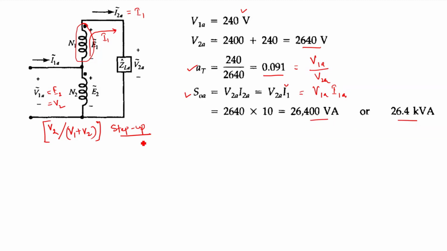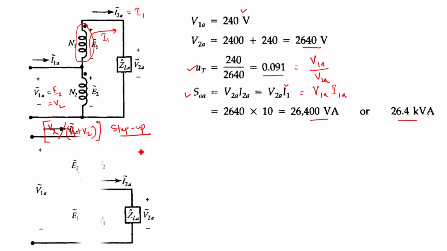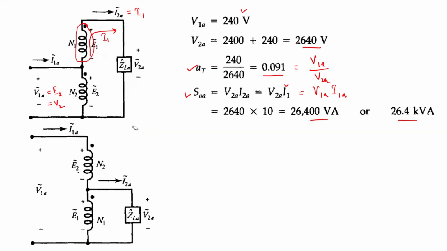Okay, so now I'll go for another configuration. You can see in the figure below, it is a step-down configuration, which is also known as V1 plus V2 upon V1. Step-down connection or configuration, whatever you say.